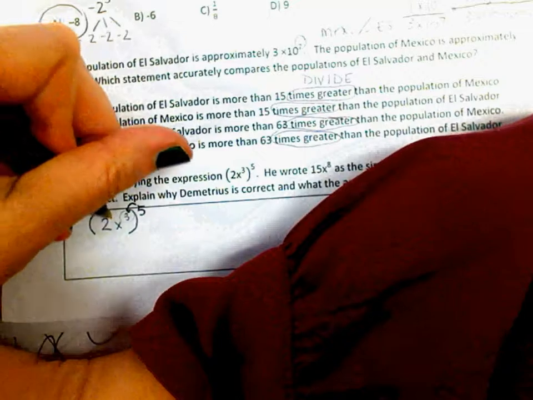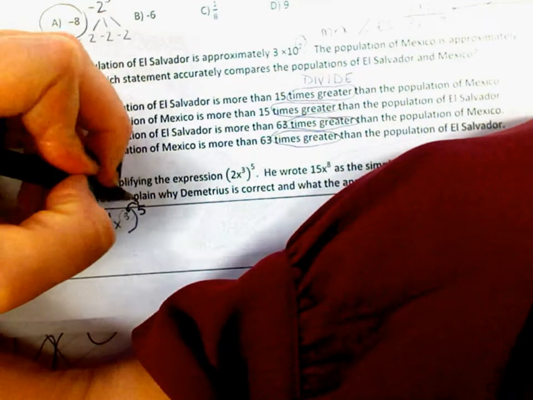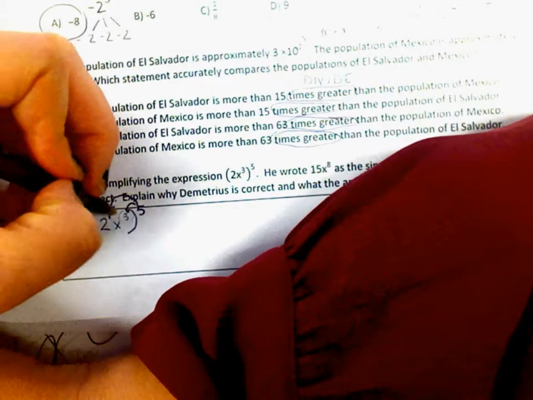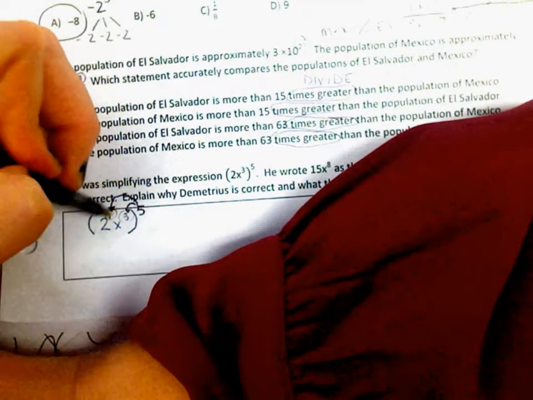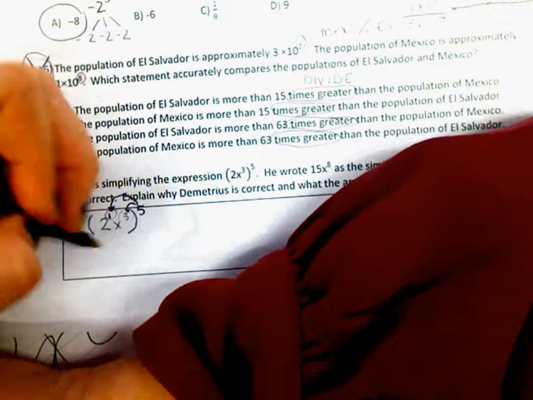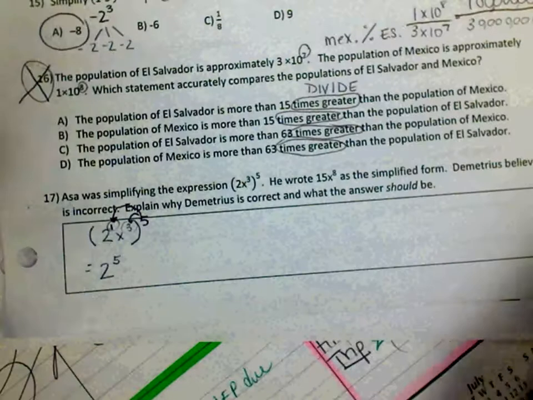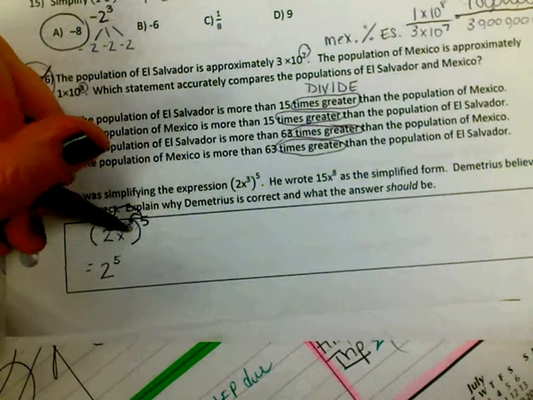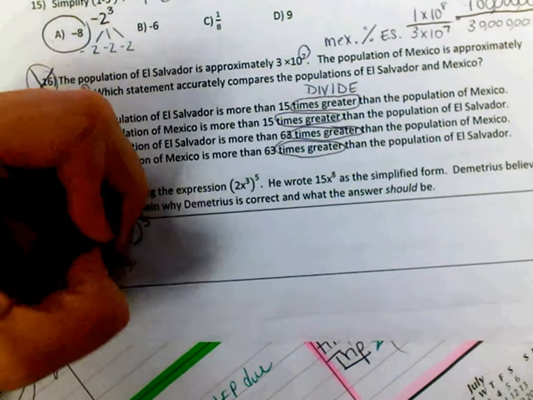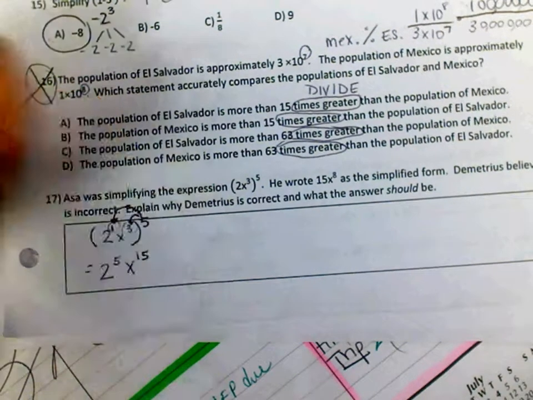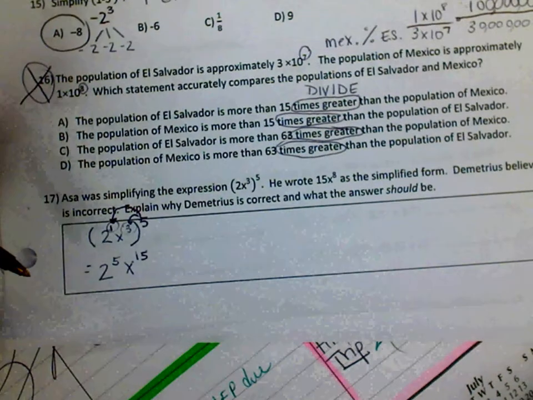It's an invisible 1. So you're going to be multiplying the exponents, not the 2. When you multiply the exponent, 1 times 5, you get 2 to the 5th power. And then for x, you multiply the exponent, 3 times 5, and you get 15. That's what you're supposed to do here.